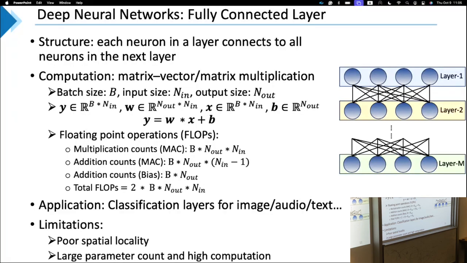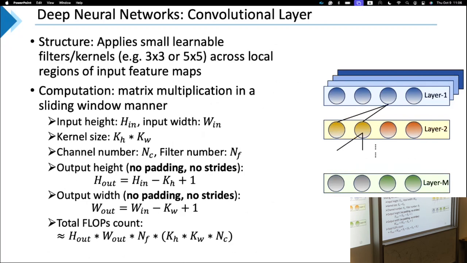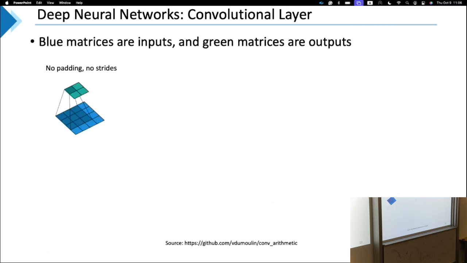So here, I make it more explicit. We actually have two additions. One is the addition for accumulation, where you do the matrix multiplication. And the second is the bias addition, so you have another addition count, and the total flops is exactly equal to this formula. So this is another thing I wanted to explain a little bit more from the last lecture.